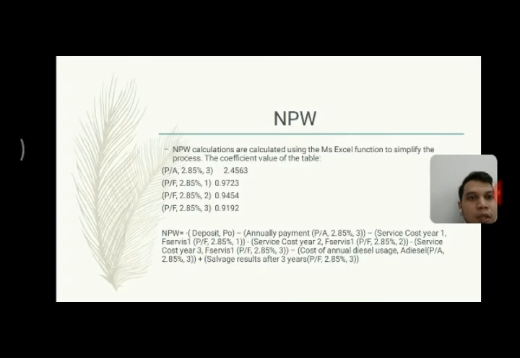Okay, for NPW, the calculation is done using the Microsoft Excel function to simplify the process.